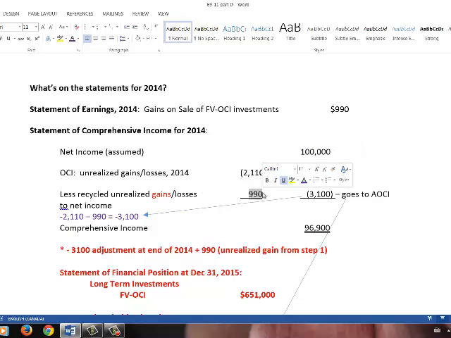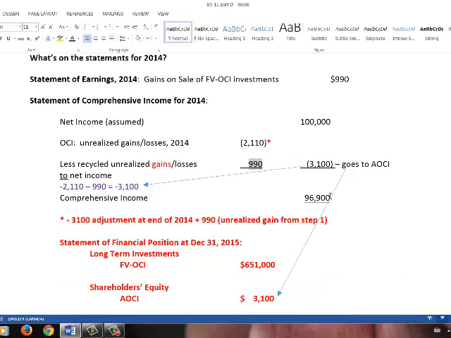Where do we get that? We would get this 990 from step 3, because don't forget, any unrealized gains and losses that are recycling to net income are what we call cumulative. They're the cumulative gains and losses that were unrealized on the Nirmala investment, those 3,000 shares, since the day we bought them. But we only have them for 1 year, so that's just the 1 year of 990.